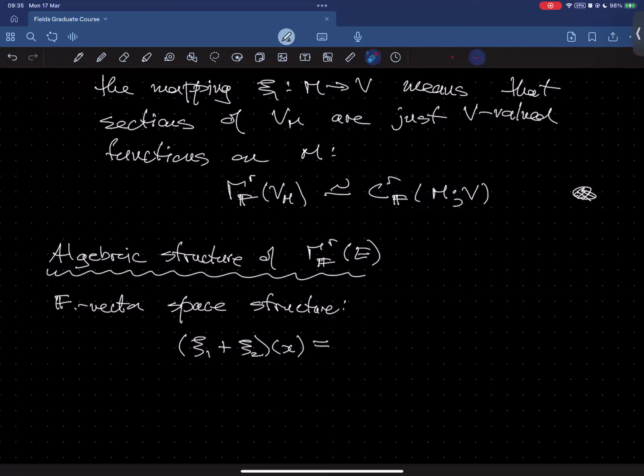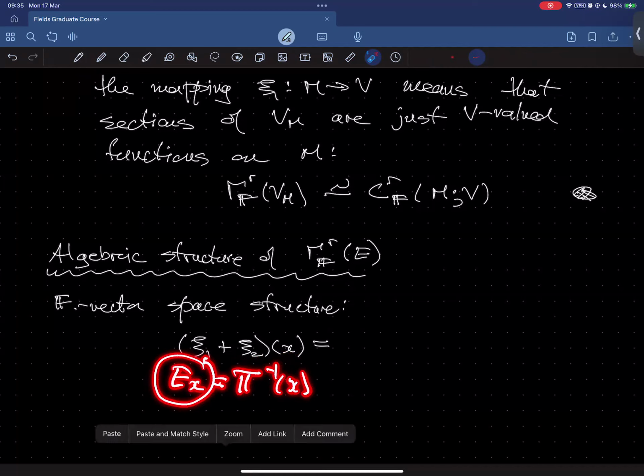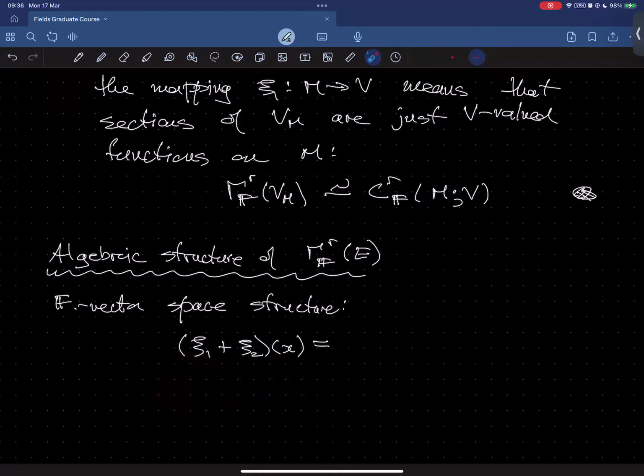So what do I know? Let me first explain why what I'm going to write down makes sense. I know that both c2 and c1 map X into the fiber over x, E sub x. Because the fibers of a vector bundle have the structure of a vector space, those can be added. So I can just write c1 of x plus c2 of x.